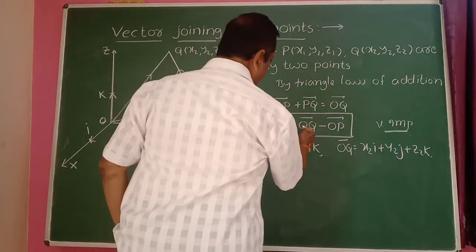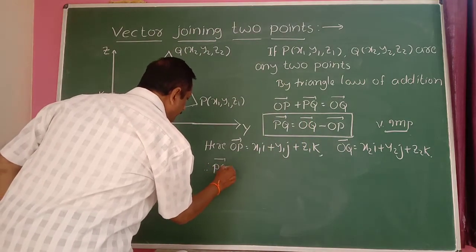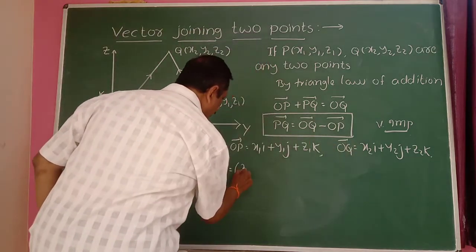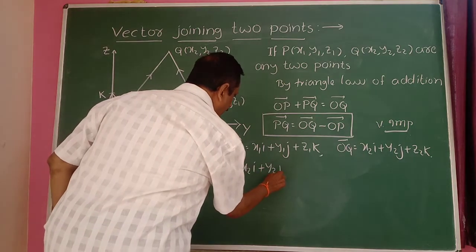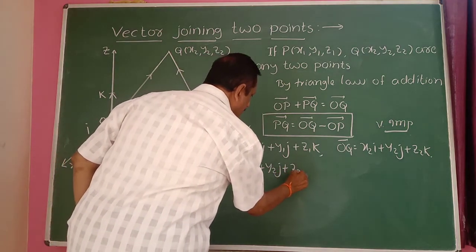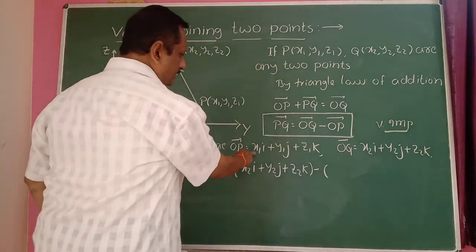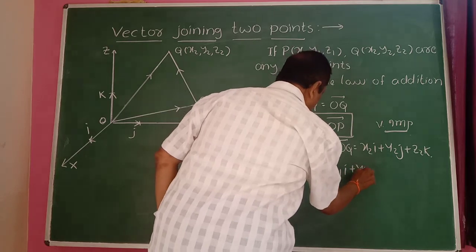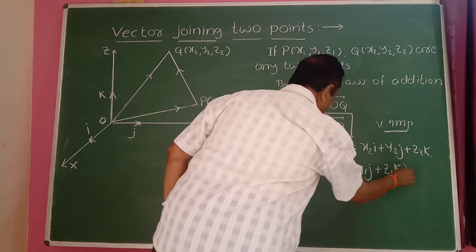Therefore, using this result, PQ bar is equal to OQ, which is x2 i plus y2 j plus z2 k, minus OP, which is x1 i plus y1 j plus z1 k.